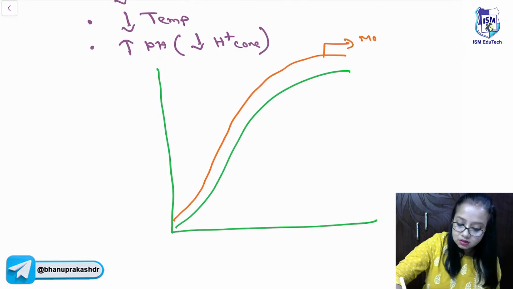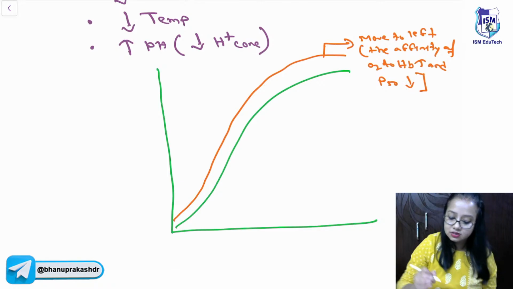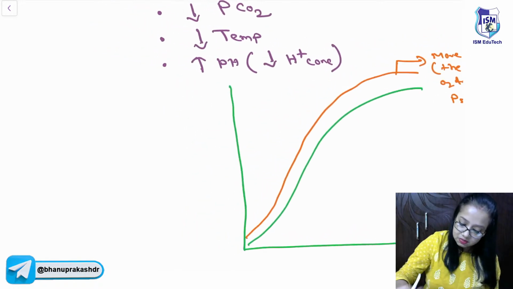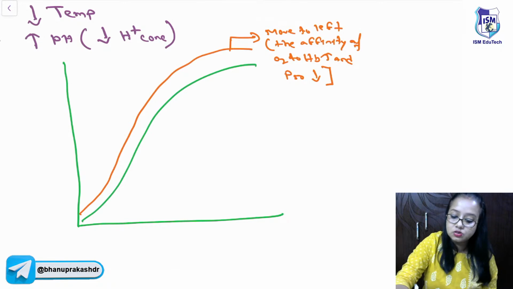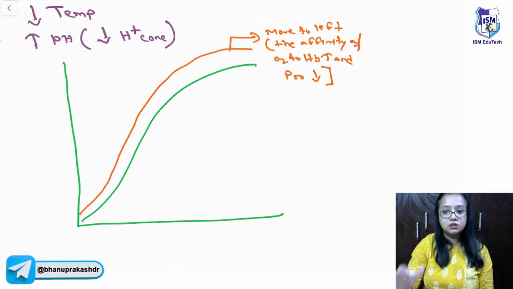It will move to the left, meaning the affinity of oxygen to hemoglobin increases and P50 decreases. So here you see the P50 will be less. That means it is the opposite of Bohr effect.